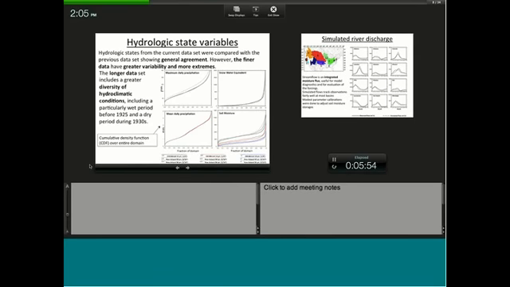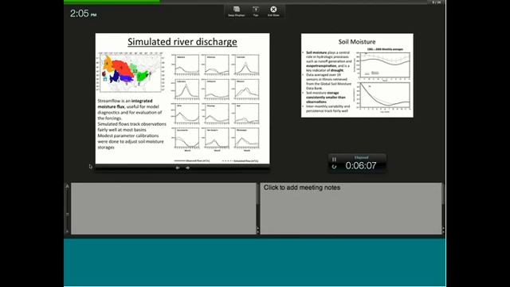Other things, hydrologic state variables, mean daily precipitation, things like soil moisture, snow water equivalent, and so on, as distributions match reasonably well. Simulated river discharge for a number of points, and if you're in the back of the room or even looking at the screen as I am from here, those look pretty good.